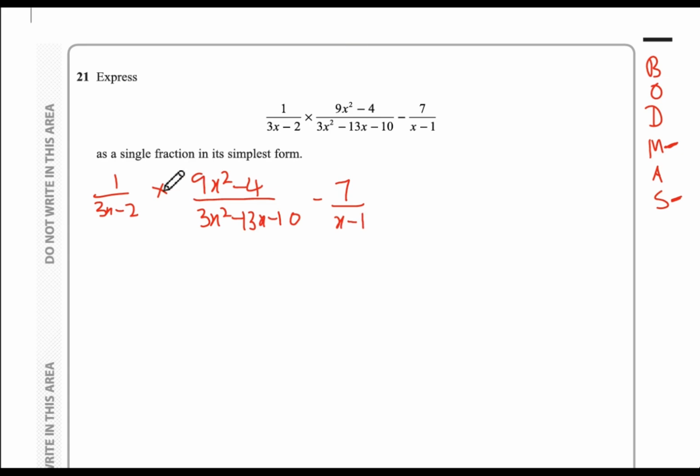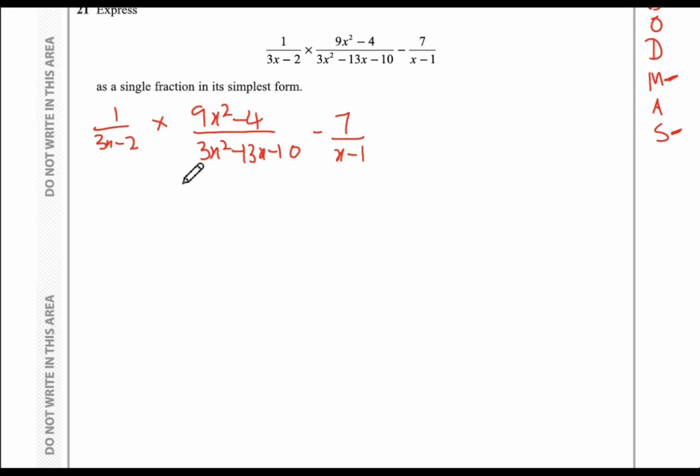Now the first one, 1 over 3x minus 2, there's nothing we can do about it. We just leave it as it is. And in this 9x squared minus 4, it is two square things with a minus in between, so we can factorize this. As we learned, what do we put? The square root of 9x squared is 3x, so we put 3x here and here.